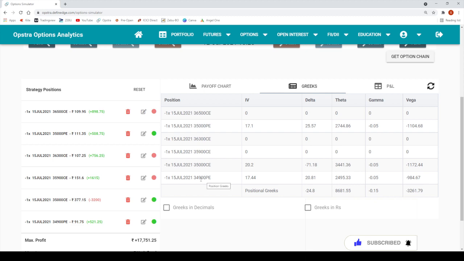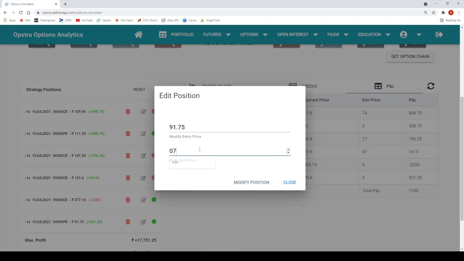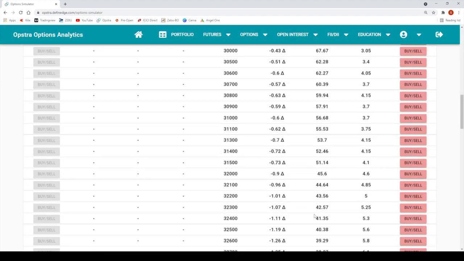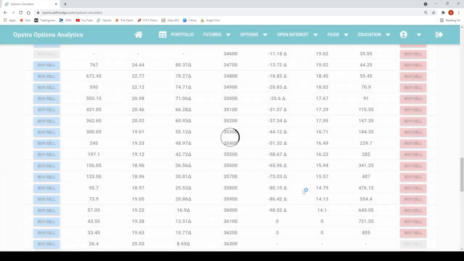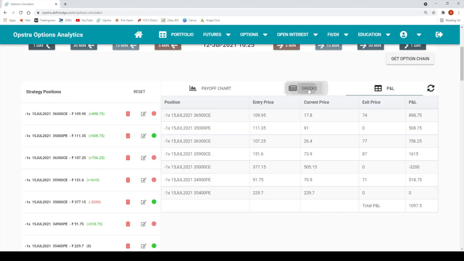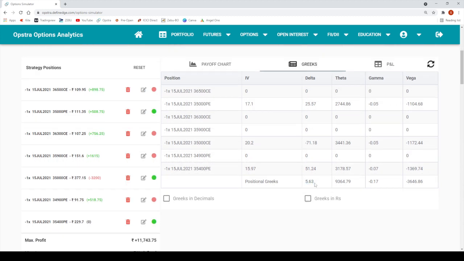Okay, I will close this 34,900 put, which is trading around 71, and I am going to shift to at the money put. So at the money put will have 50 delta. So 35,400 put I am going to sell one lot. Okay, now the delta is managed.